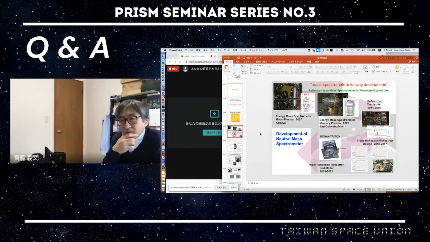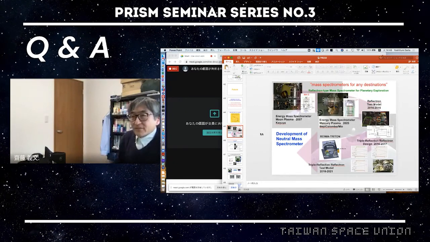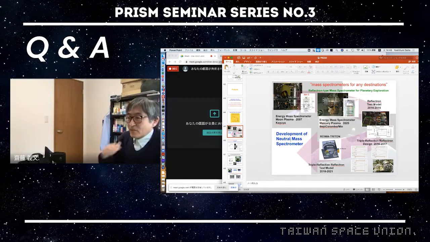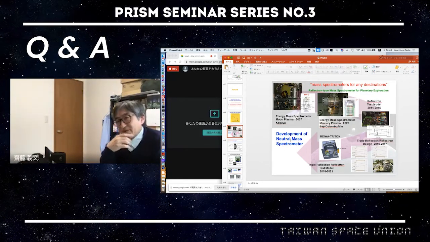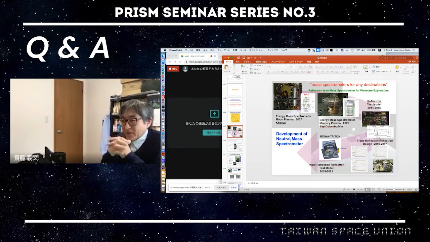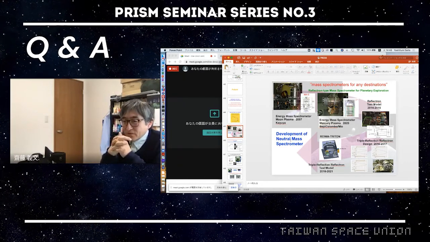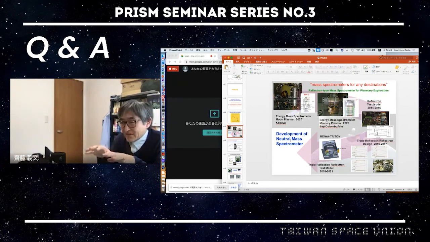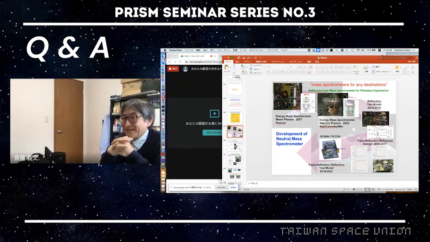Okay. Well, now we are developing a neutral mass spectrometer, and there are several kinds. One is to measure atmospheric neutral mass, and another is for the surface elements of the planets.